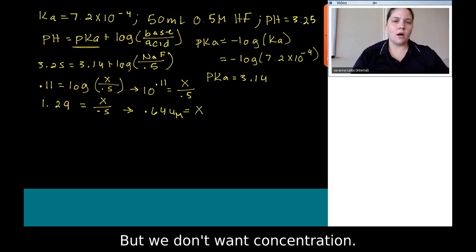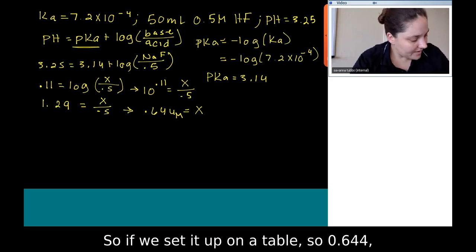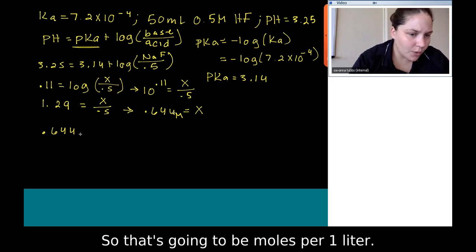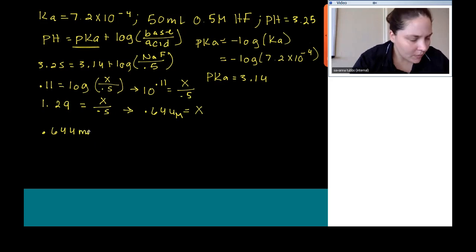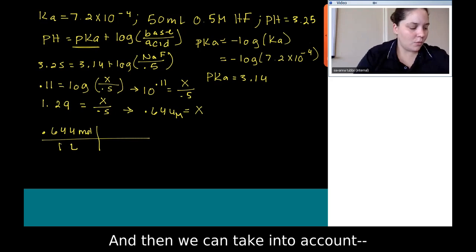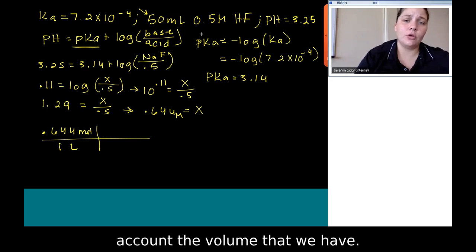But we don't want concentration, we want mass. So we need to figure out how many grams this is. So if we set it up on a table, 0.644, the capital M is molarity, so that's going to be moles per 1 liter. And then we can take into account, because we need to get rid of liters, the volume that we have.